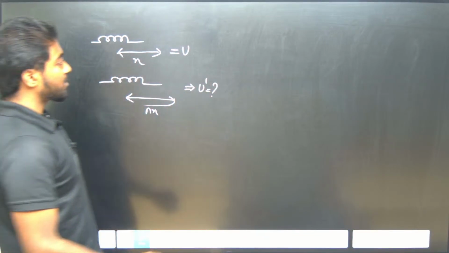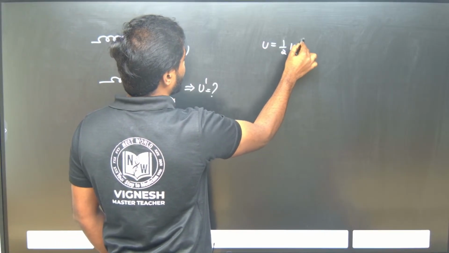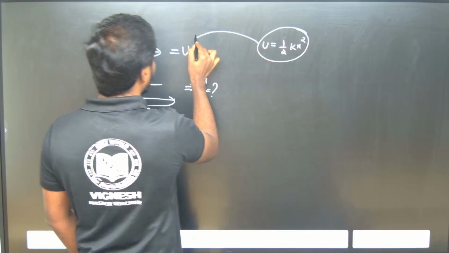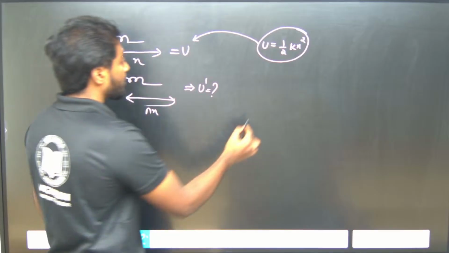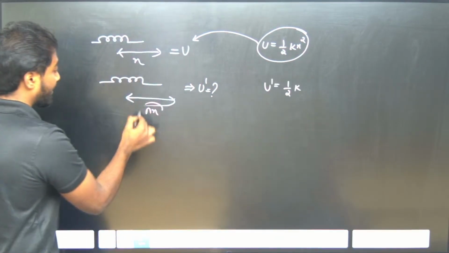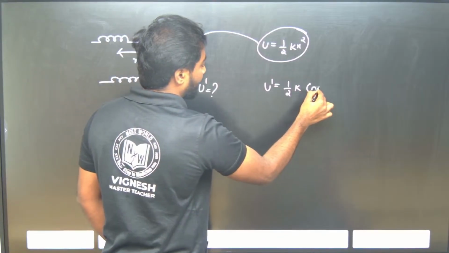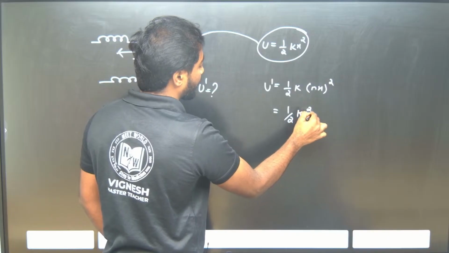What is the potential energy of the spring? We know it is 1 by 2 kx square. Initially this is my potential energy. Now u dash will be equal to 1 by 2 k into nx the whole square, which gives 1 by 2 k into n square x square.